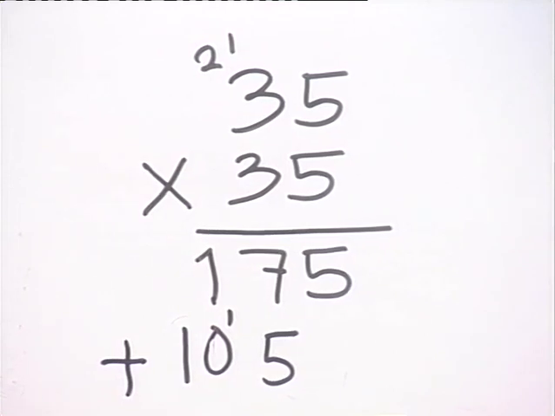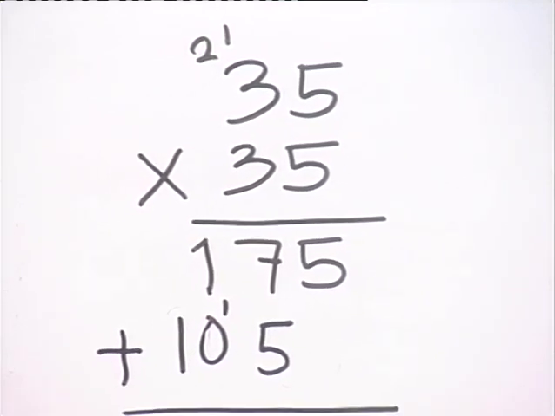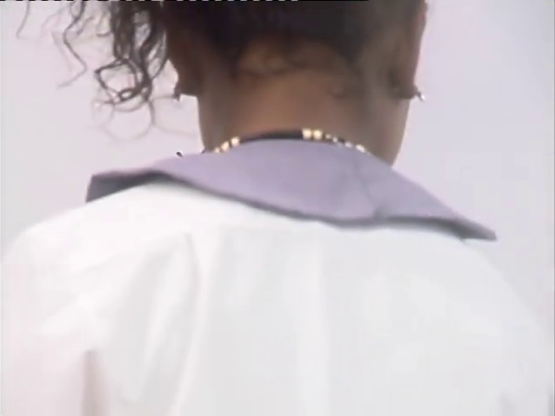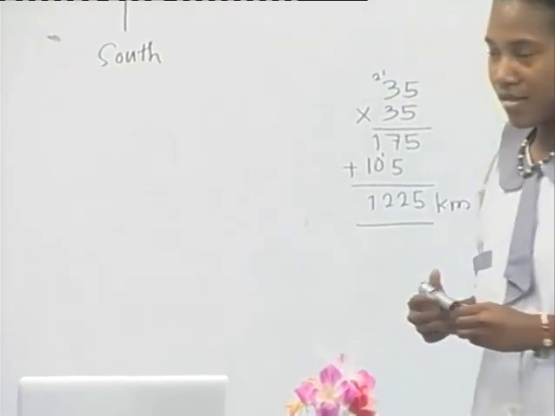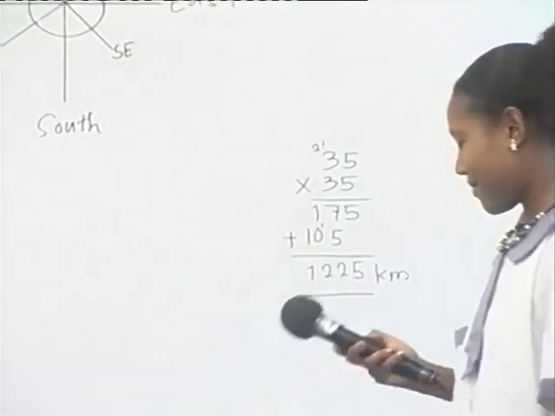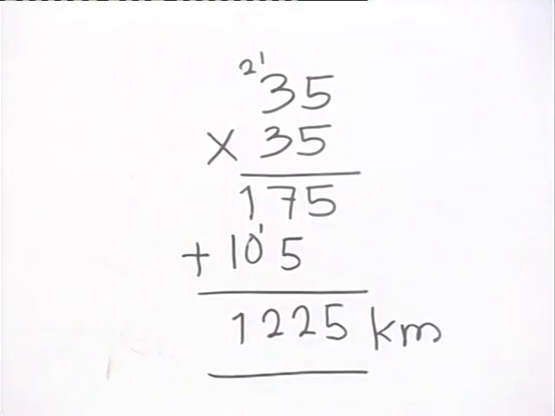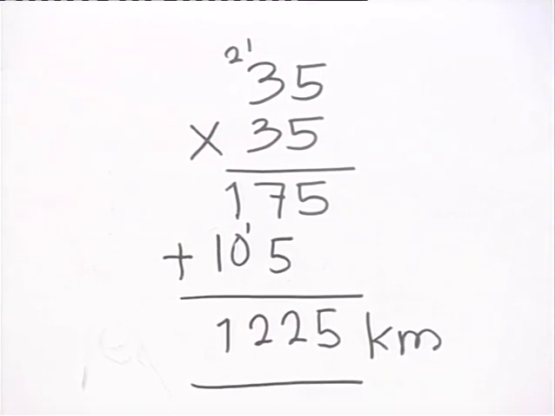So your answer. That the distance from point A to point B is 1,225 kilometers.